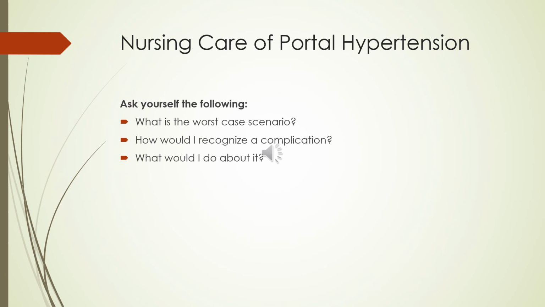Ascites, on the other hand, can lead to shallow breathing, which leads to diminished lung sounds, which leads to hypoxia. And then we end up with respiratory acidosis and can have respiratory arrest. So as you're thinking about what nursing care belongs with portal hypertension, you want to think about some of these problems that can occur.